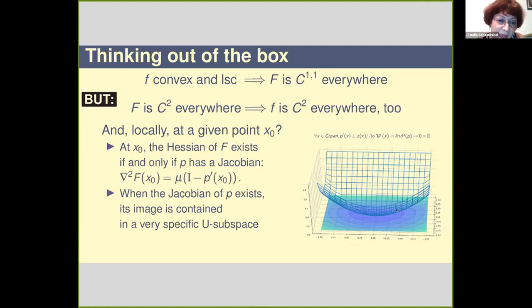So the image of the Jacobian of the prox is in this manifold of smoothness that we are trying to identify.